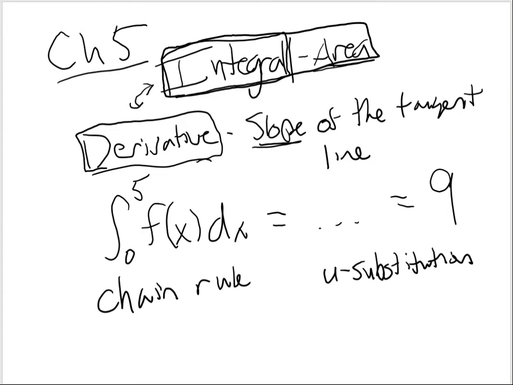And besides the relation between this, that's the other big concept that we'll see in this chapter, is U substitution. Because similar to how chain rule expanded what we could take the derivative of, U substitution will, in essence, expand what we can take the integral of.